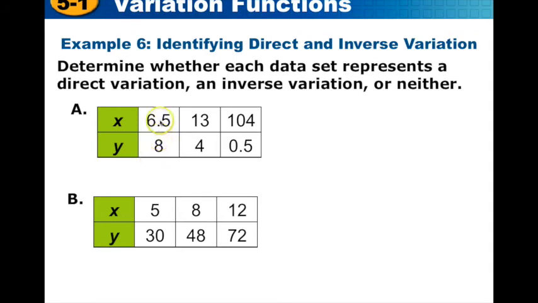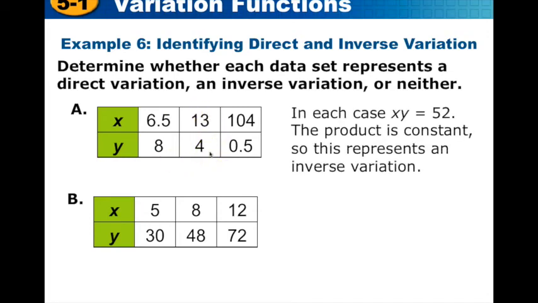If it's truly inverse, they should multiply to the same thing. So get out your calculator. What is 6.5 times 8? 52. 13 times 4. Also 52. Okay, 104 times a half. Also 52.